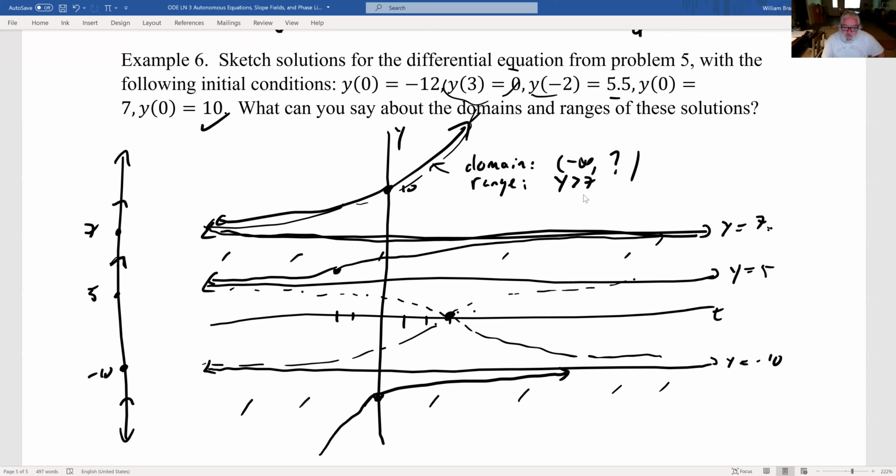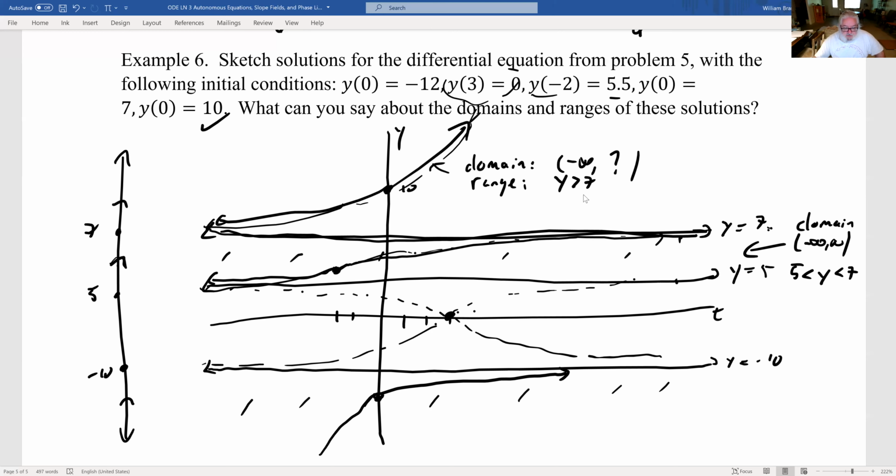If we look at things starting between 5 and 7, for a solution in here, the domain is all time, and the range is between 5 and 7. So if we start here, climb almost to 7, but never quite get there, and we'll climb back down almost to 5, but never quite get there.